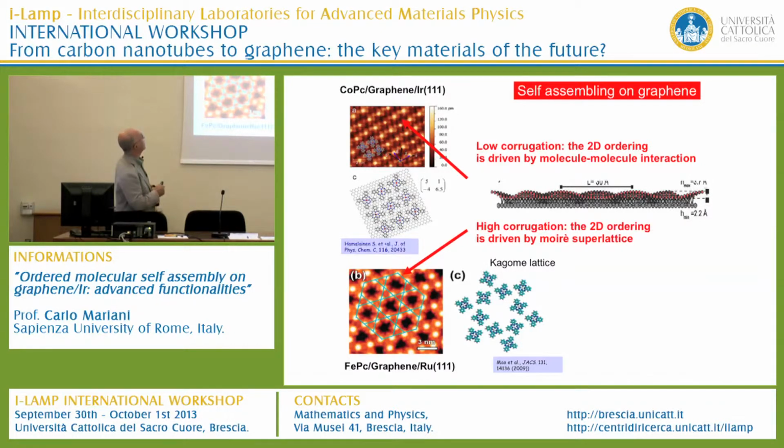In fact, on iridium, you have an almost freestanding graphene, and the molecules tend to assemble mostly because of molecular interaction.